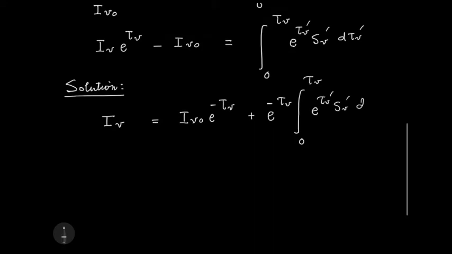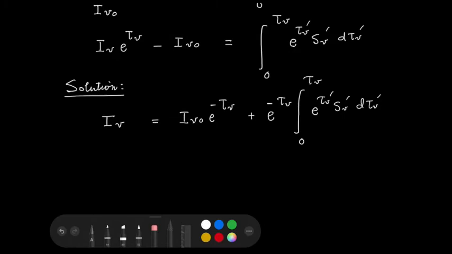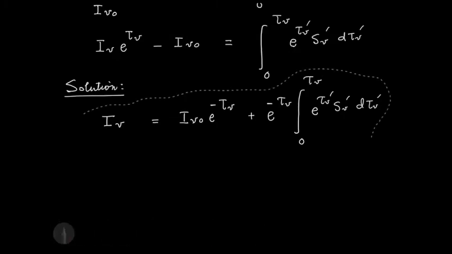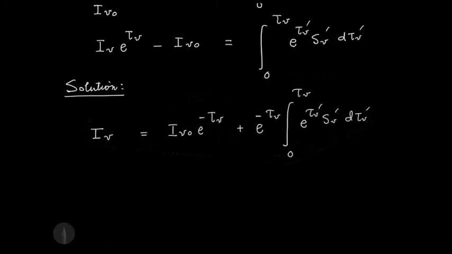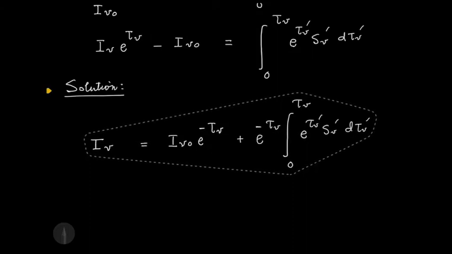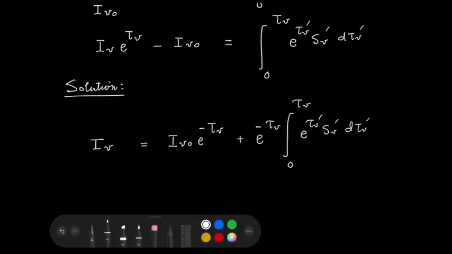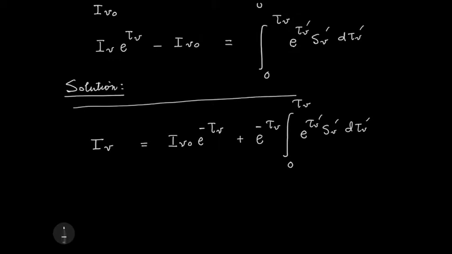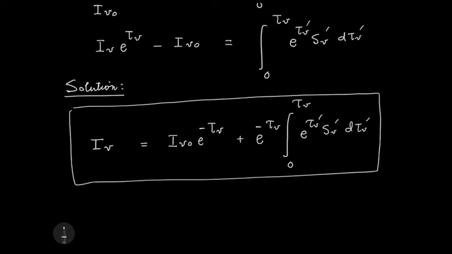That will depend on what type of source we are using. It's a source function which I don't have any idea a priori before we start doing a specific problem. So this is the general solution of the one-dimensional radiative transfer equation. So let me put it in a box.